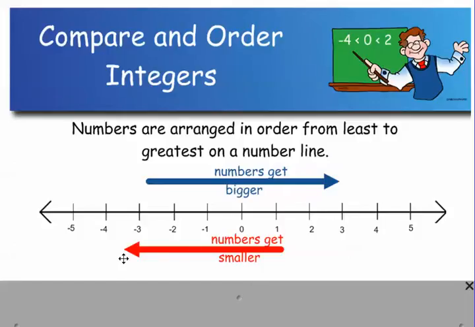If we're talking about positive numbers, that's very easy to understand. But once we get to the negative, this is going to help you out a lot. So please, on that first number line, put an arrow and write numbers get bigger, and then draw another arrow and write numbers get smaller. Okay, that's going to help you out as we go along.